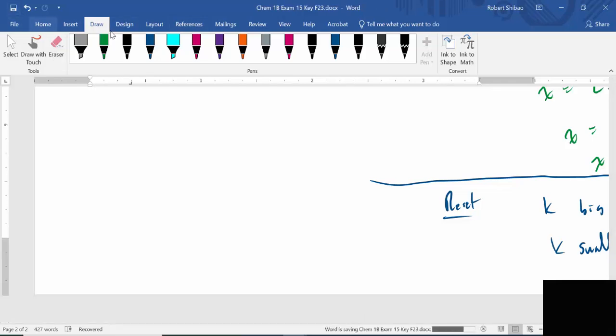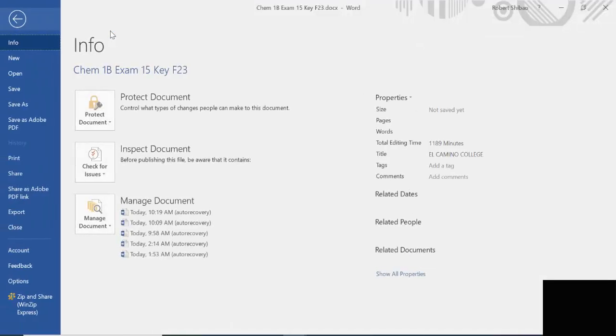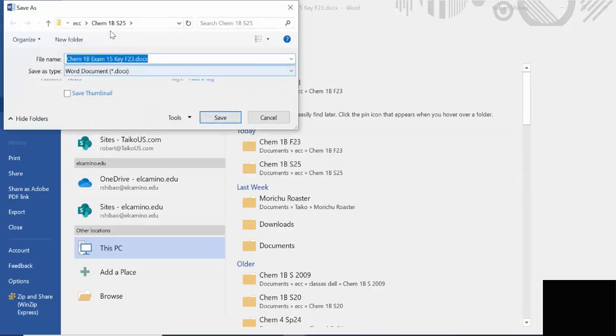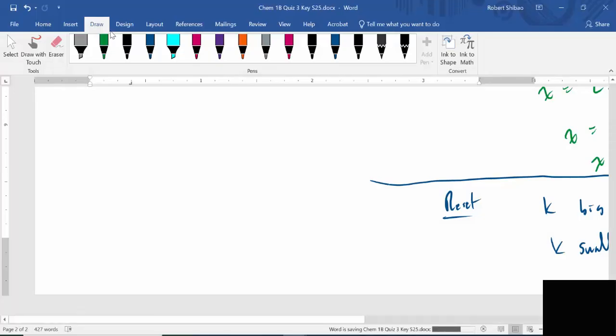All right, I'll post this online. Let me save this. I'm going to call this Quiz 3 key, but it's not going to look exactly like your Quiz 3 since I'm just repurposing this old test. This will be spring of 25.